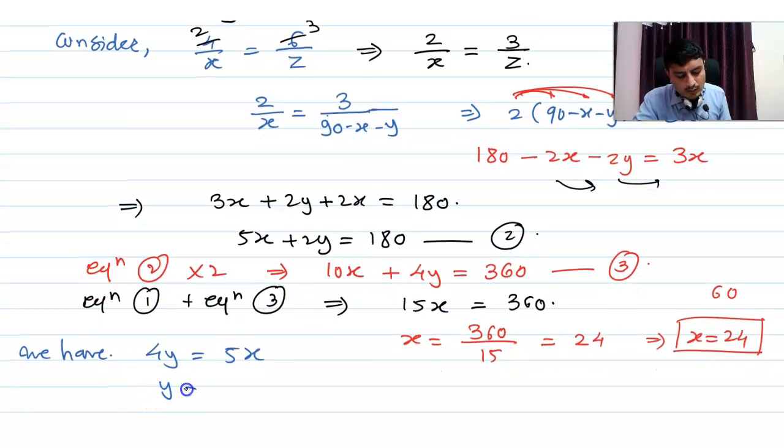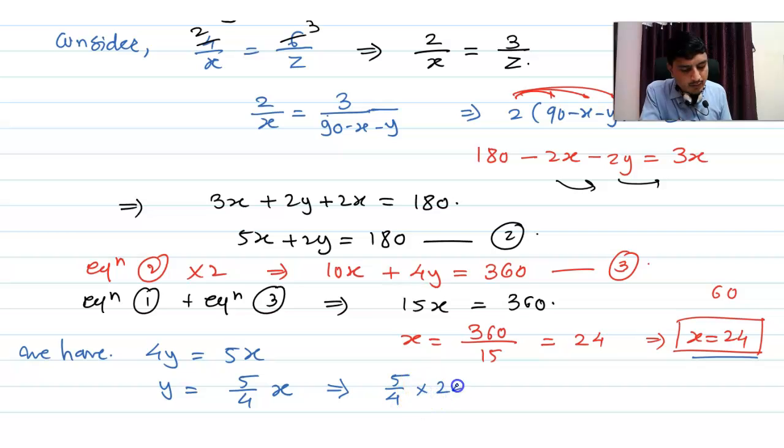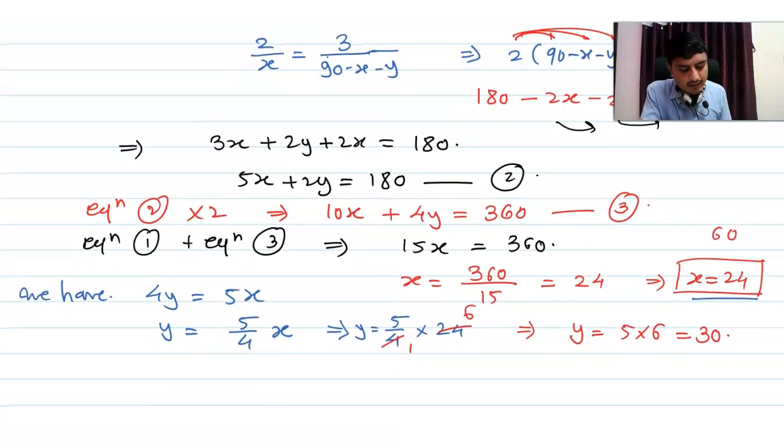To evaluate y, shift the 4 to get 5 by 4 times x. Now replace x by its value 24, so y equals 5 by 4 times 24. 4 1s are 4, 4 6s are 24, so y becomes 5 times 6, 6 5s are 30. So the value of y is 30.